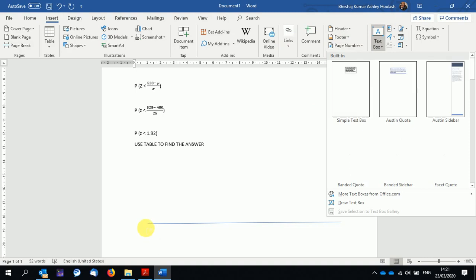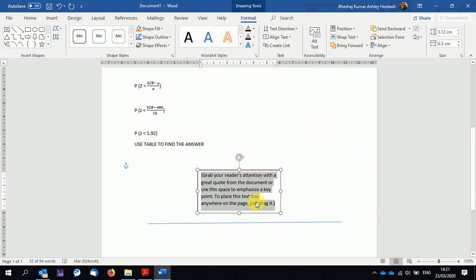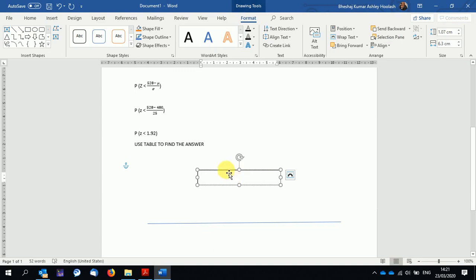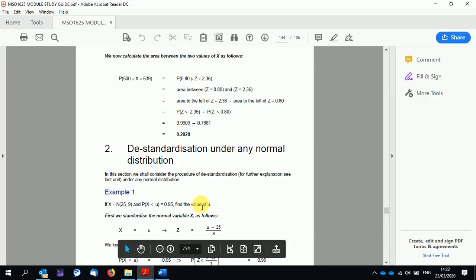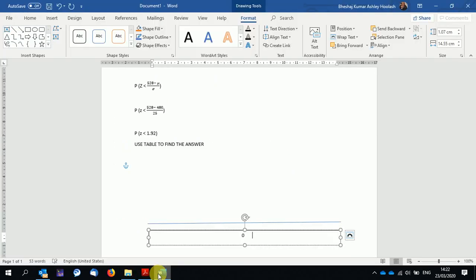So let's try this. 0 is around here, then I'm looking for between 0.80 and 2.36. So let's assume that this is 0.80 and this is 2.36. Yeah, so I want to find, and remember there is a bell shape here which is a bit tough for me to draw right now.